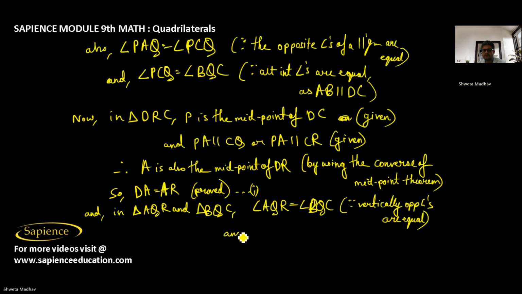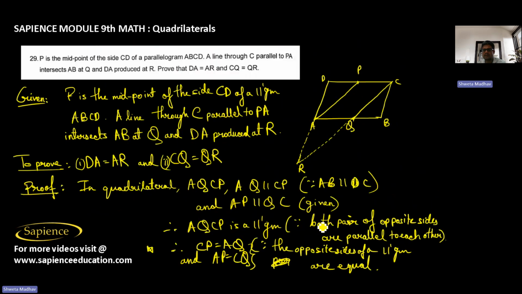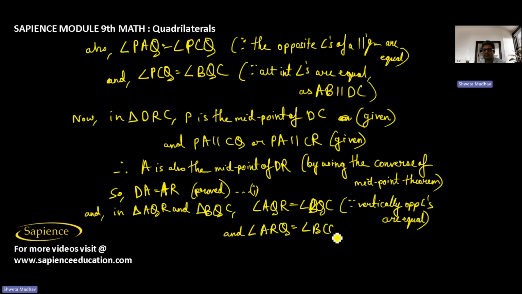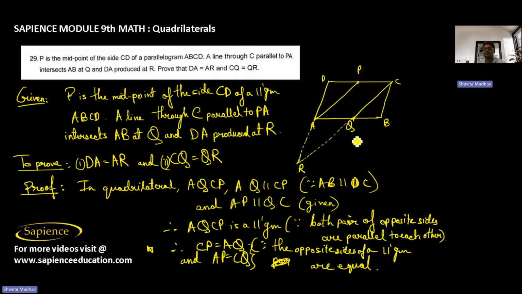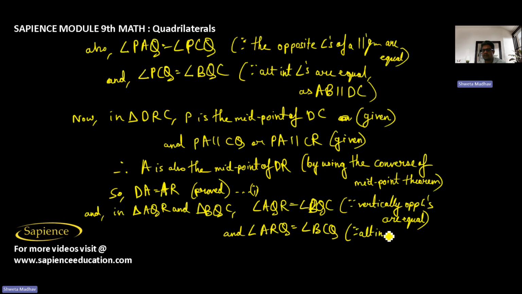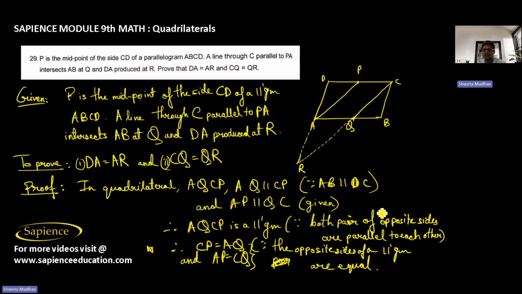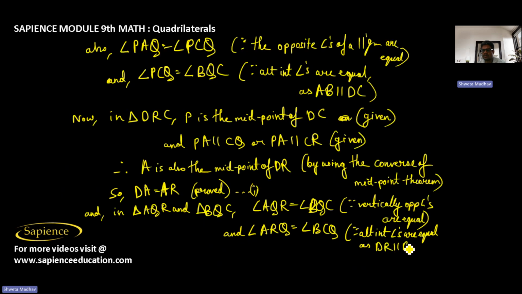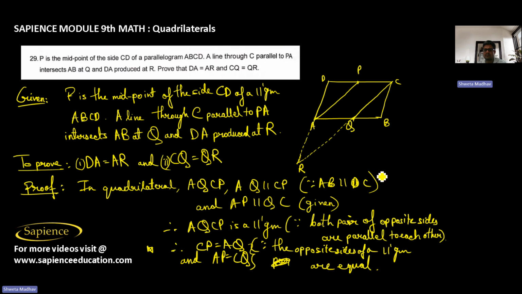And angle ARQ is equal to angle BCQ, since alternate interior angles are equal, as DR is parallel to DC, and obviously RC is the transversal.